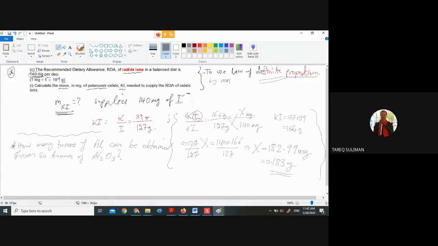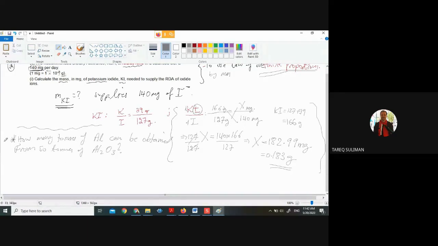Am I right? How to solve such a question? Let's learn, so that if any similar question comes, we solve it right away. What do we have here? What is the given? The given is the formula and the given is one of its constituent atoms or ions, right? So I use the law of definite proportions.